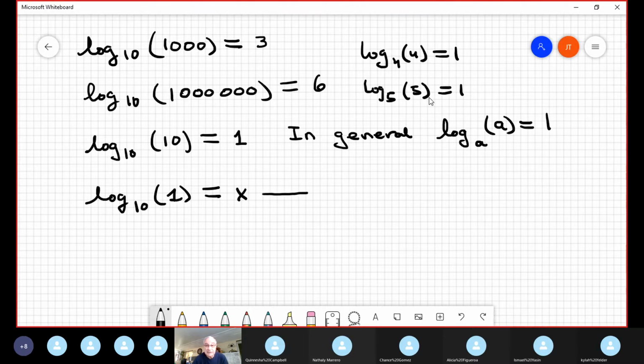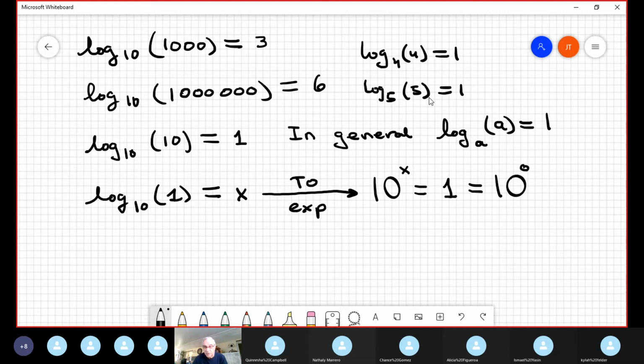And immediately you convert to exponential statement. So I ask myself, what is the base? Oh, the base is 10. The exponent, I have no idea, it's exactly what I am looking for. And the answer is 1. But I know that 1 is equivalent to 10 to the 0 power, because when you raise any number or any algebraic expression to the 0 power, the answer is 1. Therefore, it's obvious that x is 0.